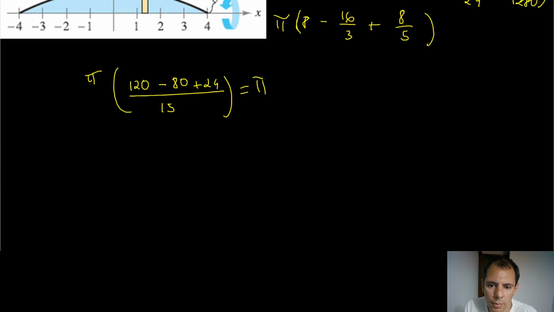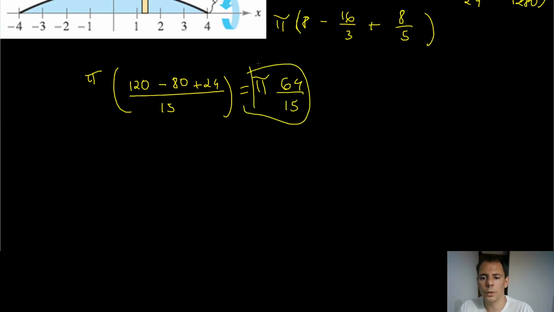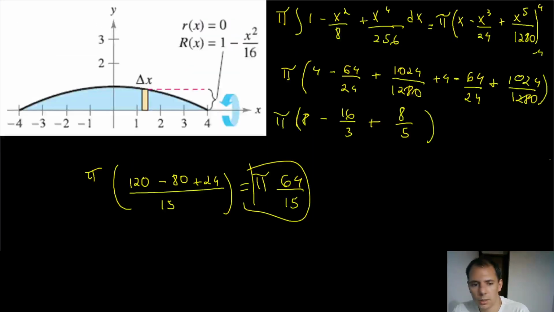And now we have a pi here. It'll be 40 plus 64 over 15. Yeah, this is the right answer. There you go. That'll be the volume of this shape going around the x-axis. Okay, and I solved it using the disk method, not the shell method.